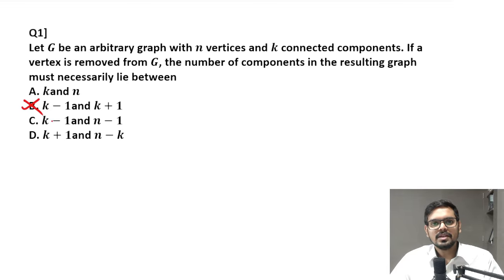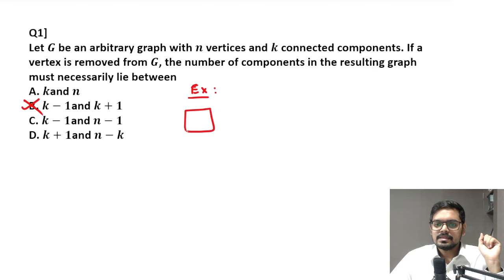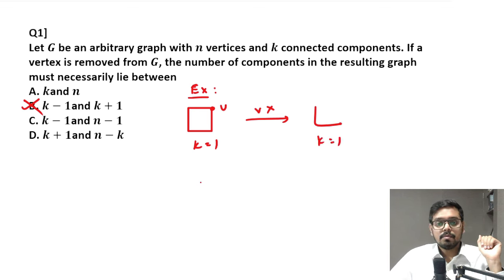That is absolutely wrong. Also explained in our conceptual class. Do you remember? Very big discussion I have made on this. If you remember, it's good. If you do not remember, no problem. Let me explain again. A lot of students take this example and say that this graph has connected component 1. Remove the vertex V. The resultant graph is like this. Still the number of components is 1. But if you have a graph like this, k is 1 here.